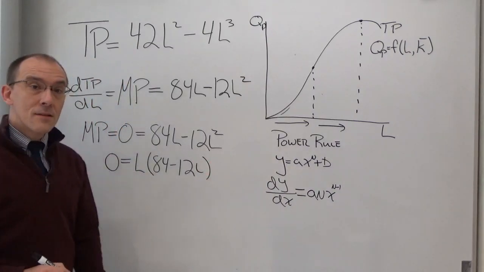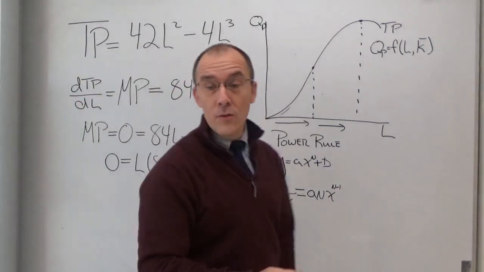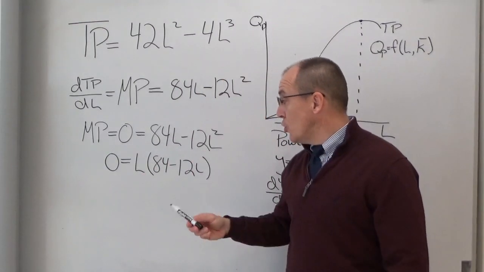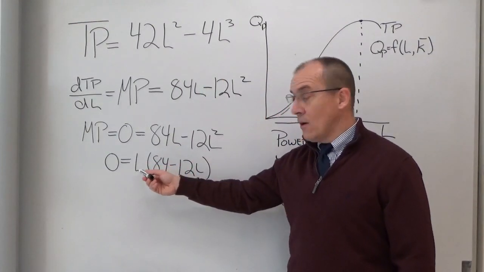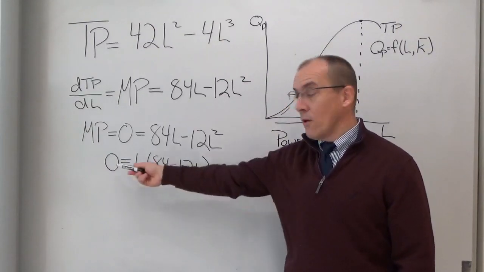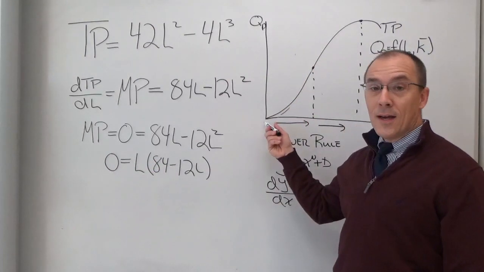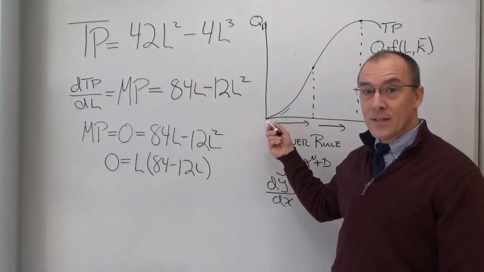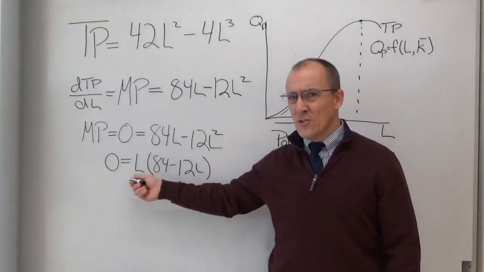Now, basically, this will tell me 2 things. First, I have 2 possible values of L. This first one, when L equals 0, this will all equal 0. But that's obvious. When I have no workers, I'm not producing anything. I'm not really interested in this.